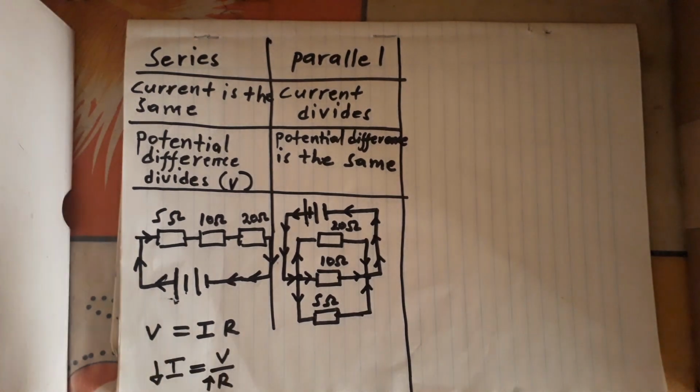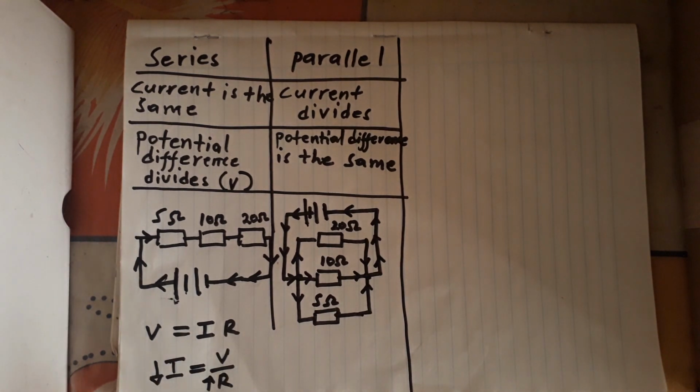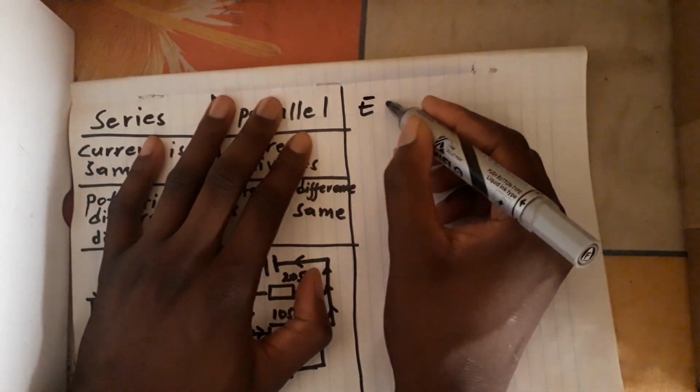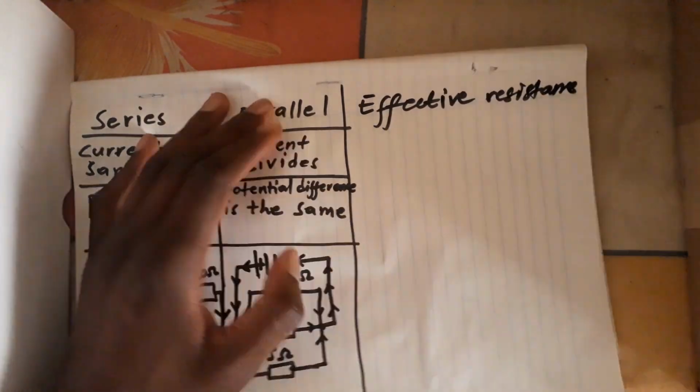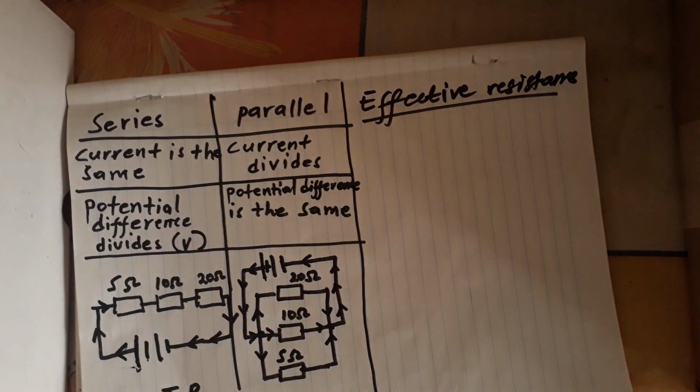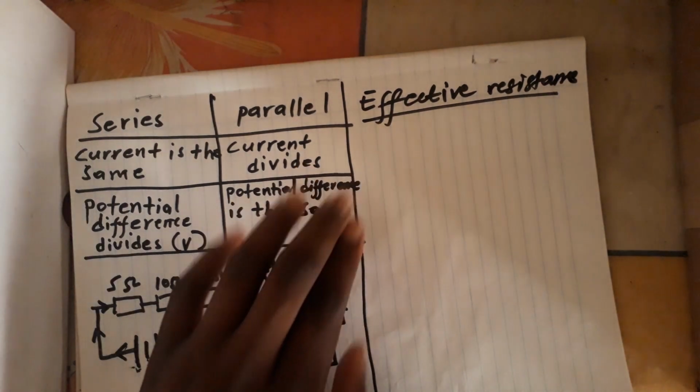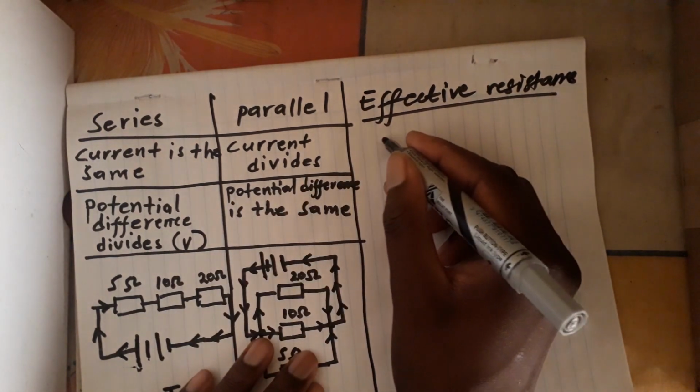Now let's talk about calculations. How do we get the effective resistance in both parallel and series circuits? Effective resistance simply means total resistance. So let's focus on series.